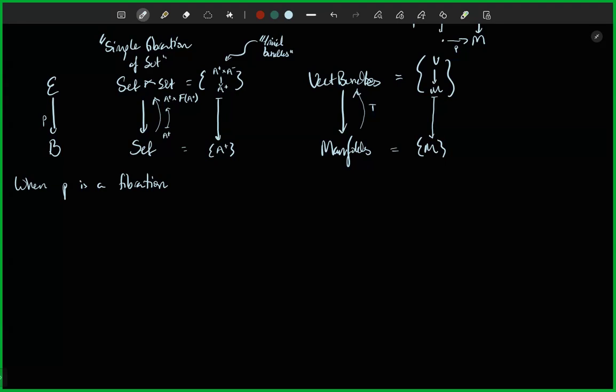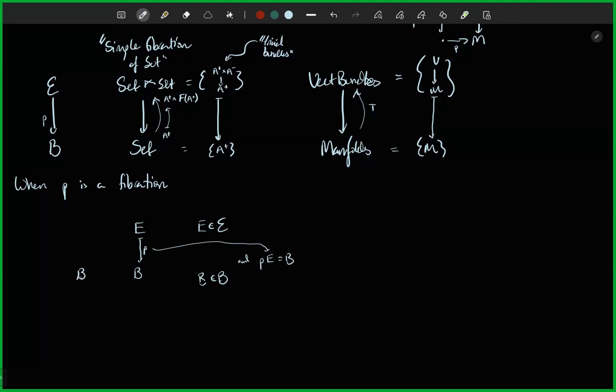A fibration means that if I have some kind of bundle, E, in a different font, over B, and this is what I will write to say that E here is in E, B here is in B, and P of E equals B. So I'm writing that mapsto symbol to mean that.